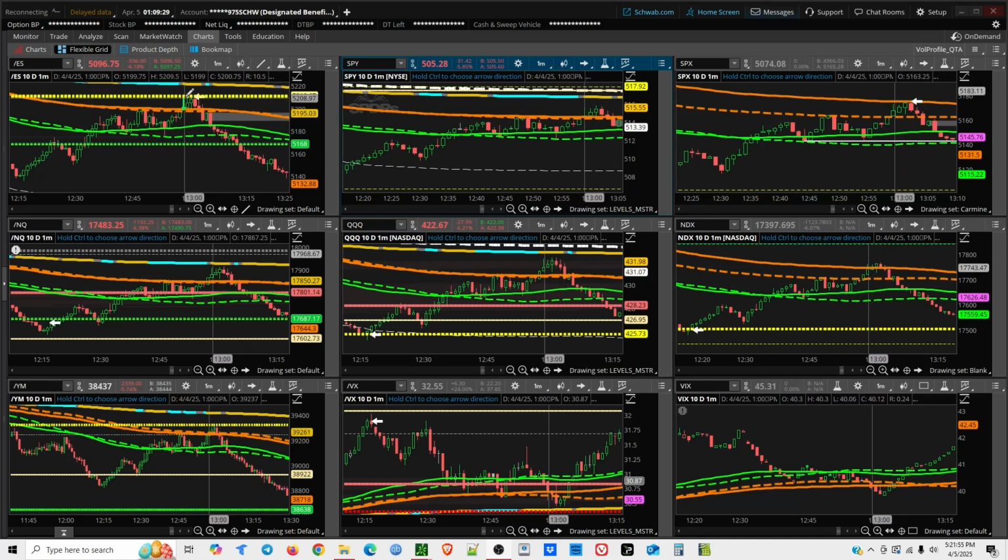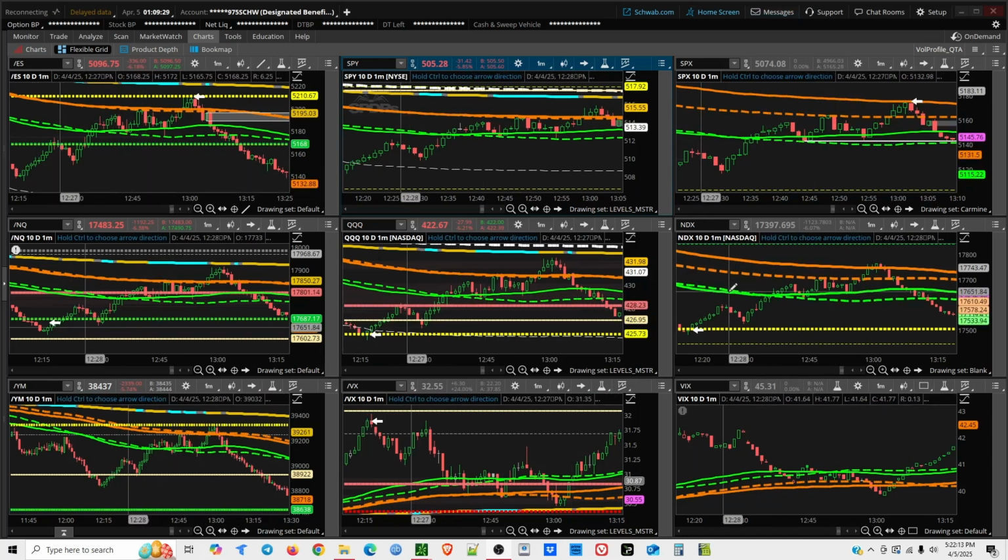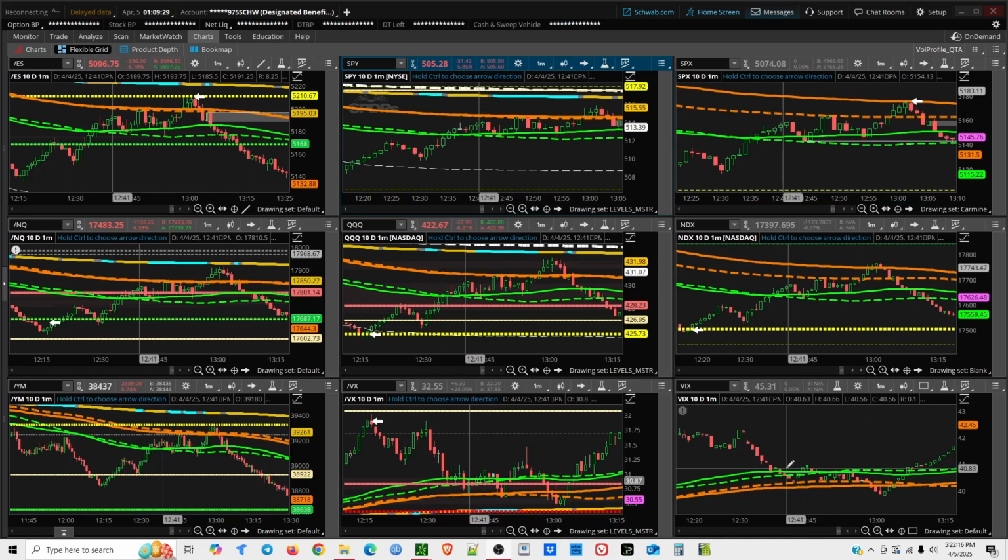Oh, if it gets up to this line, and everybody sees that line that has it on their chart, the algos will say, oh, okay, so we're going to watch ES, SPY, SPX, NQ, QQQ, NDX, and VIX.